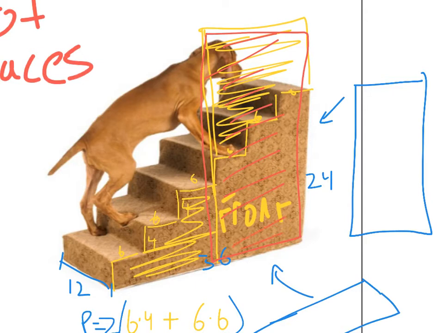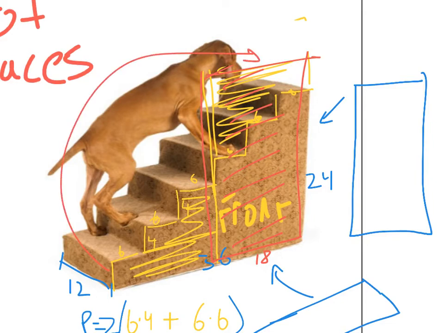And this rectangle would be 3 sixes gives us 18. And then it would be 24. I didn't quite draw this right. It would be a little shorter like this. Okay, because that's this step kind of going up there. So 24, and that's an extra 4 inches. So it's 28 actually, right?